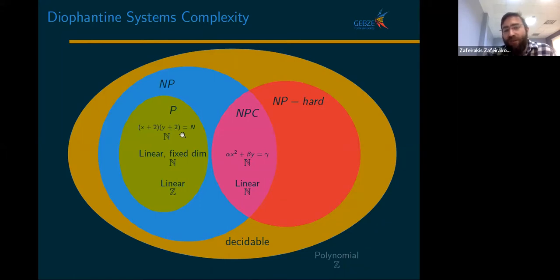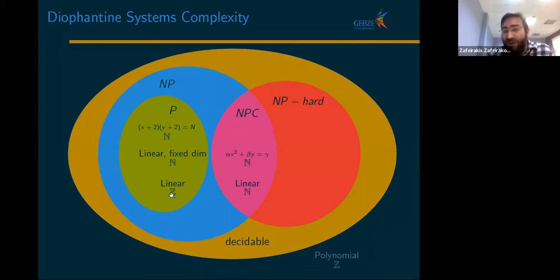Now, if we fix the dimension and we have linear systems, and we ask for non-negative integers, we're still in P. But if we want linear without fixing the number of variables, then, if P is not equal to NP, it's not solvable in polynomial time anymore.